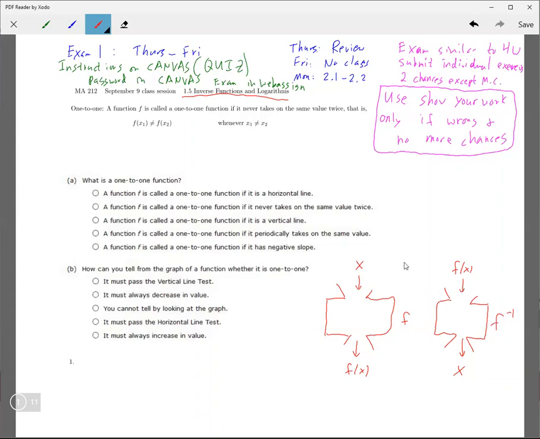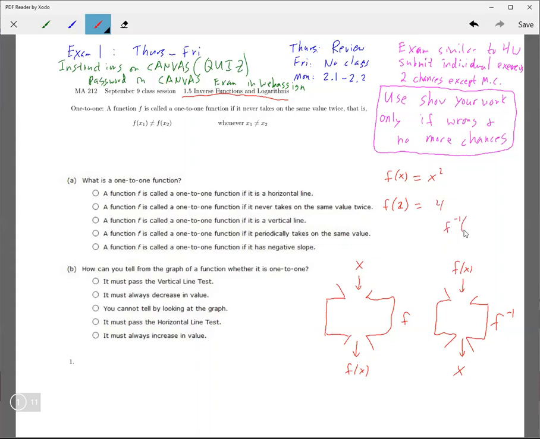So sometimes functions don't have inverses, but in math, the reason is a little more subtle than that. Let's say we take the function x squared, and we know that f of 2 is 4, right?